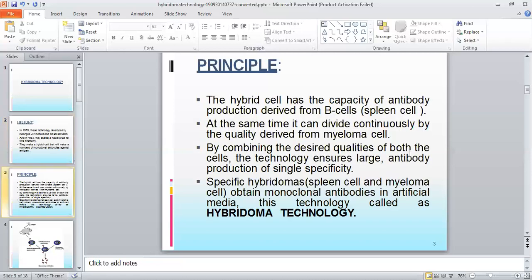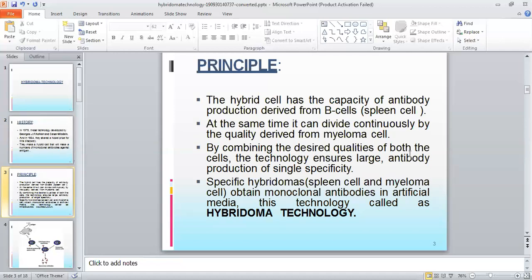Next is the principle. What is the principle of this technique? The hybrid cell has the capacity of antibody production derived from the B cell, which means it has the capability to produce antibodies.